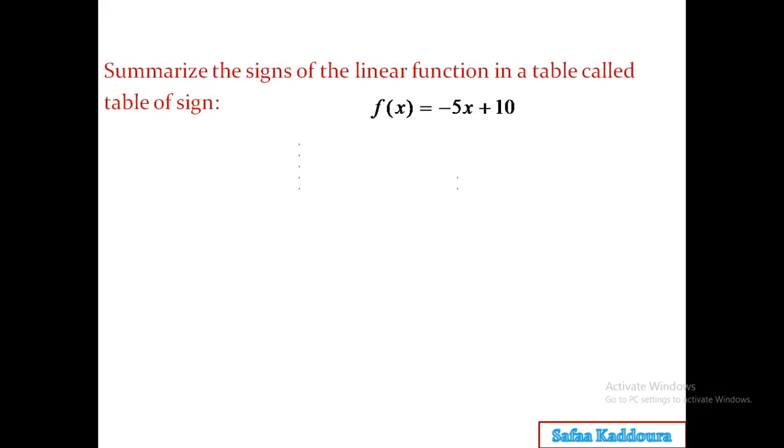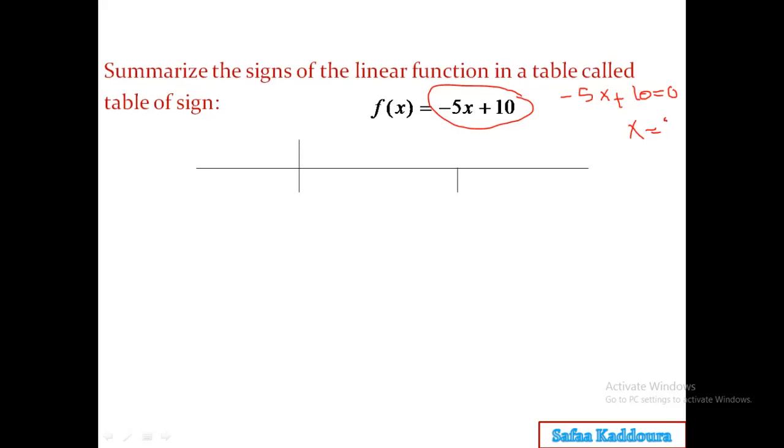Let's summarize these signs in a table. First of all, this is the function. We must know the root. So we write minus 5x plus 10 equals 0, x equals 2. First of all, we now know that x equal 2 is a root. This is the most important thing. Here, we write the function we are studying.